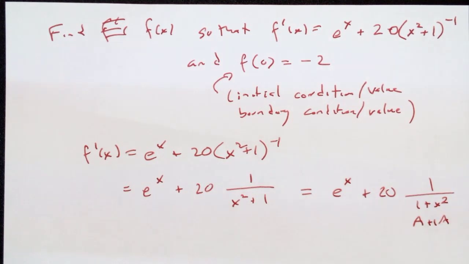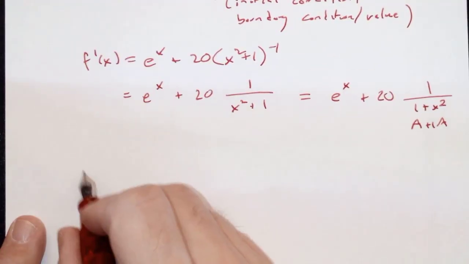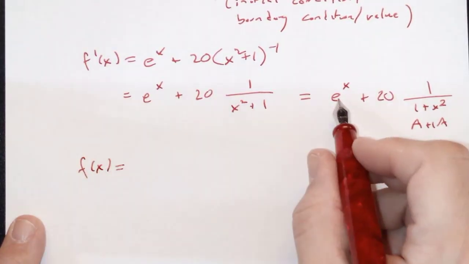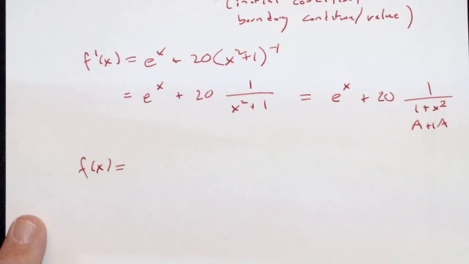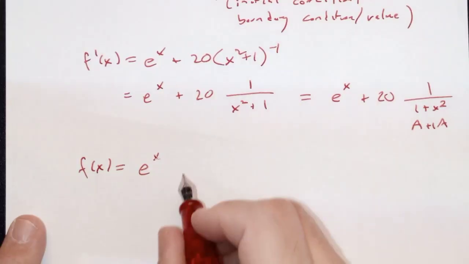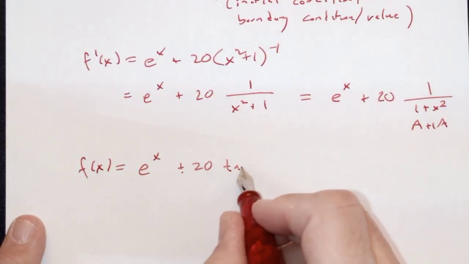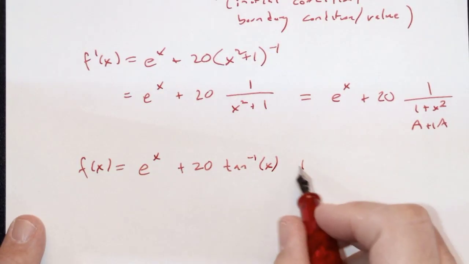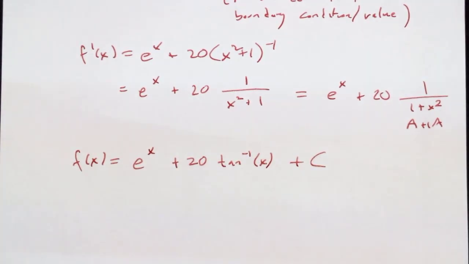And now I can say exactly that is the derivative of my inverse tangent. So f of x, what's the antiderivative of e to the x? Yay! And the antiderivative of 1 over 1 plus x squared is the tangent inverse of x. And then my plus c.